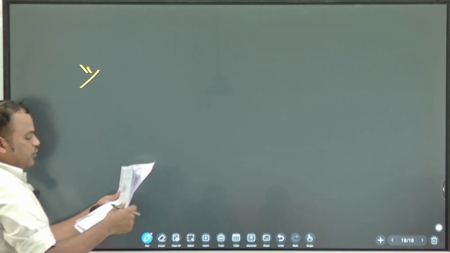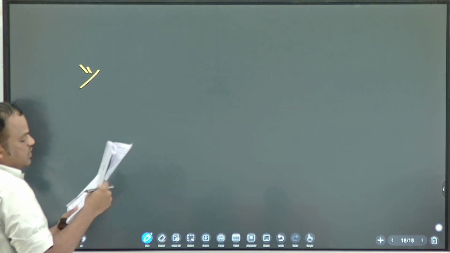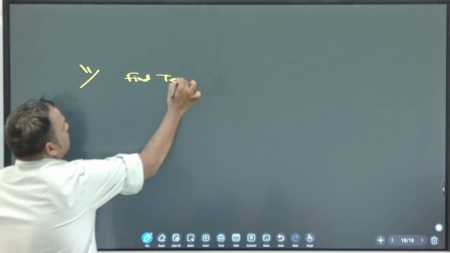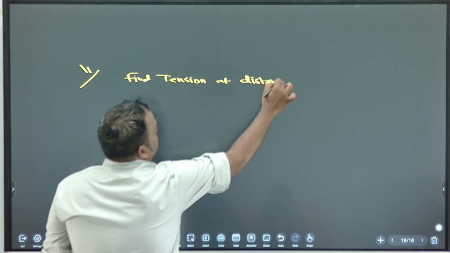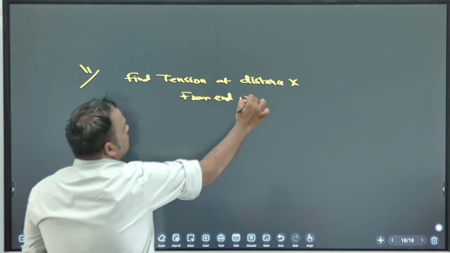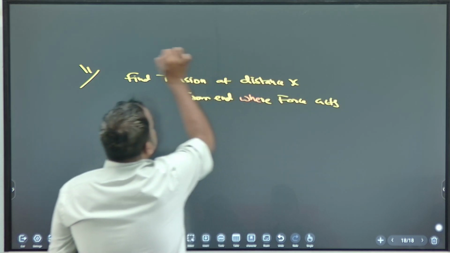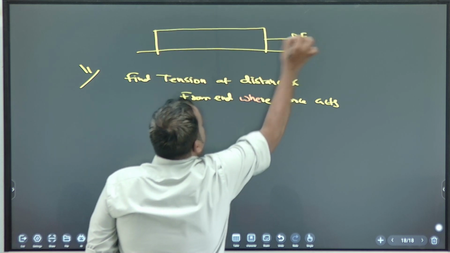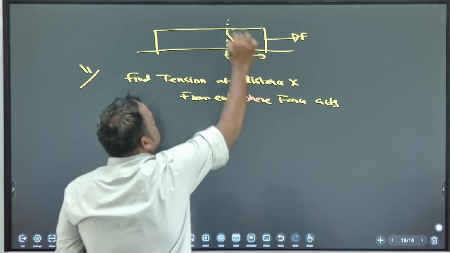A rope of length L is pulled by a constant force F. Find the tension at distance X from the end where force is applied. This is the rope. You are exerting force here. You have to find the tension here. This is the distance X.